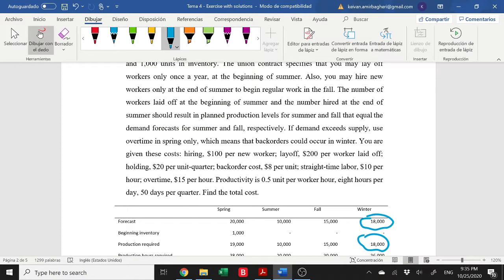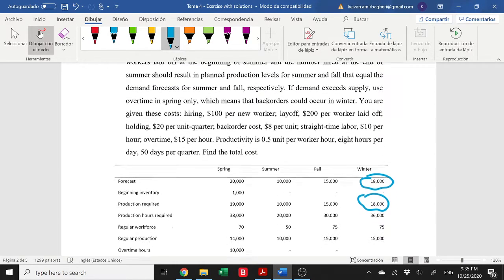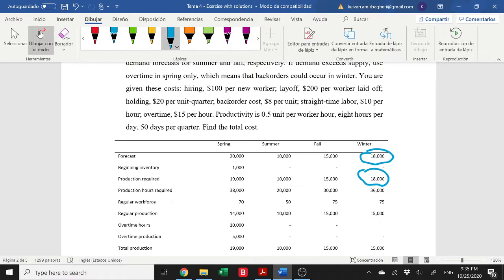As we reviewed before, in this exercise, we see that there is no explanation of permission for hiring, firing, or using overtime in winter.